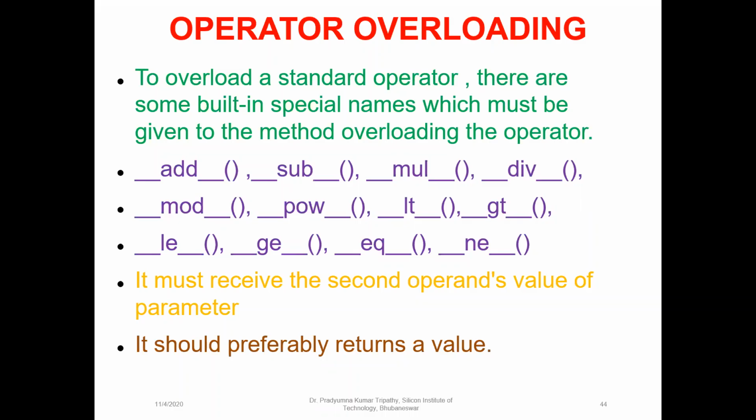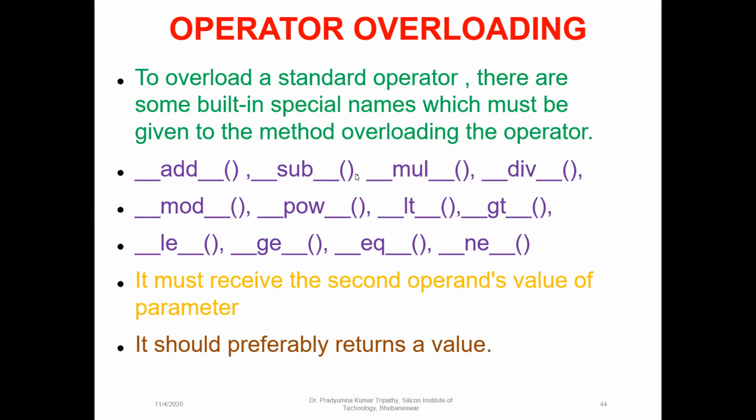Okay, I'm just repeating all those. I'm saying that there are some operators in Python which can be overloaded. Unlike C++, for every operator to be overloaded, there are special names given. For example, the plus operator is given add, minus with subtract, multiply with this symbol, division with this.